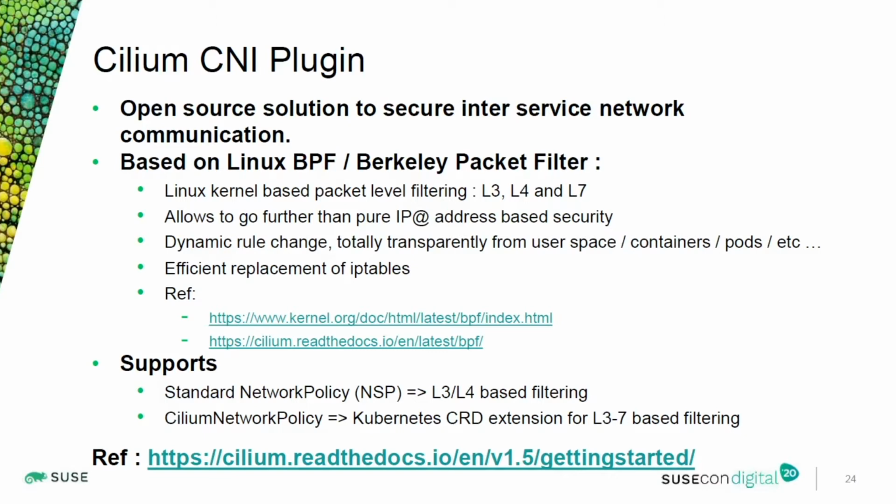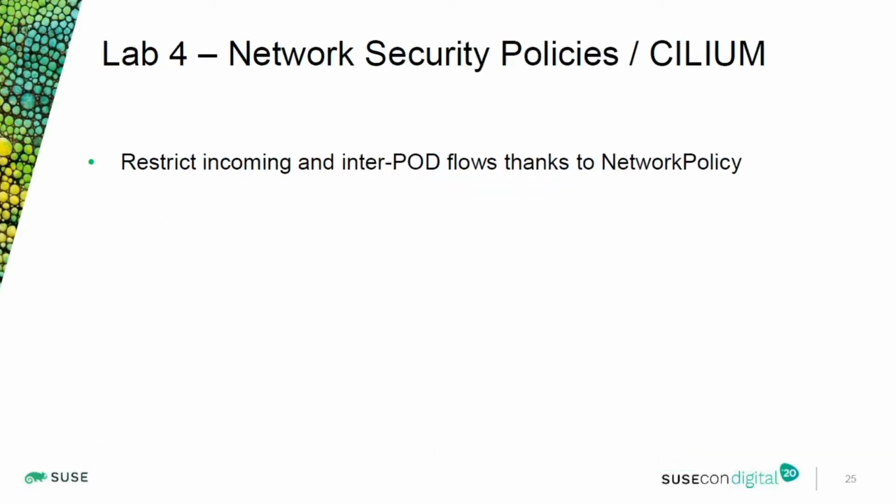Interestingly, you can dynamically change the rules transparently from a user standpoint. So all this can be done on the fly without any impact on your pods and your containers. We'll see that during lab 4, where we'll restrict incoming and inter-pod flows thanks to network policies.